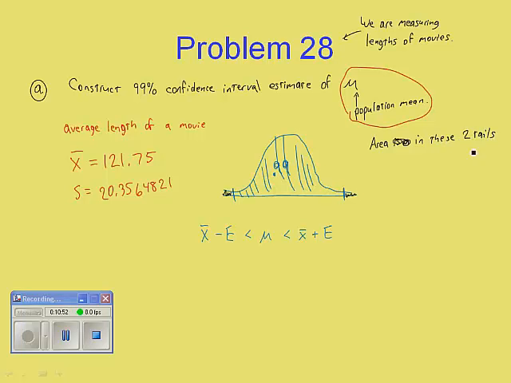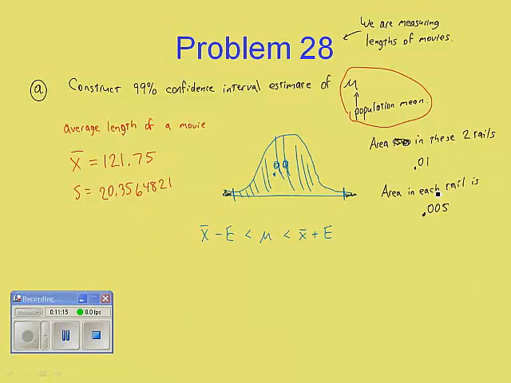Well, in both of the tails together, we know that has to be 0.01. So the area in each tail is what? 0.005.